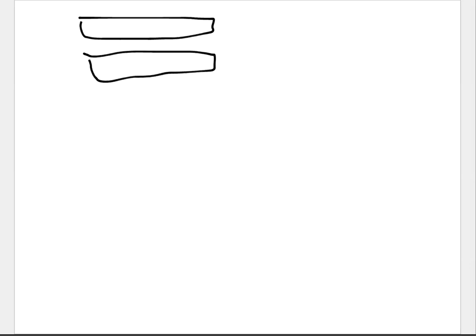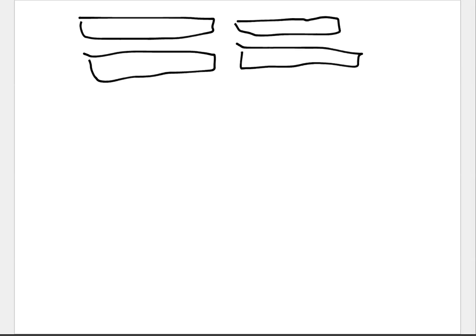at the beginning, we have some population. The population is the collection of some individuals or some chromosomes.